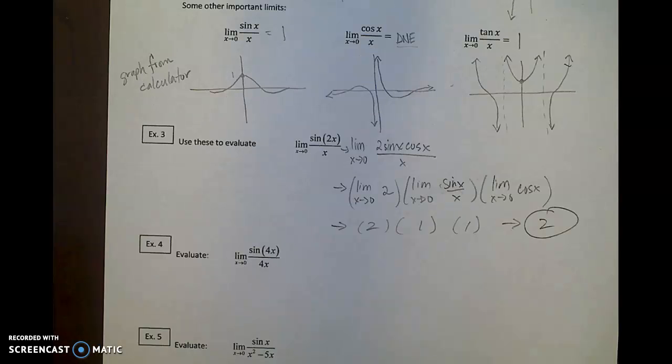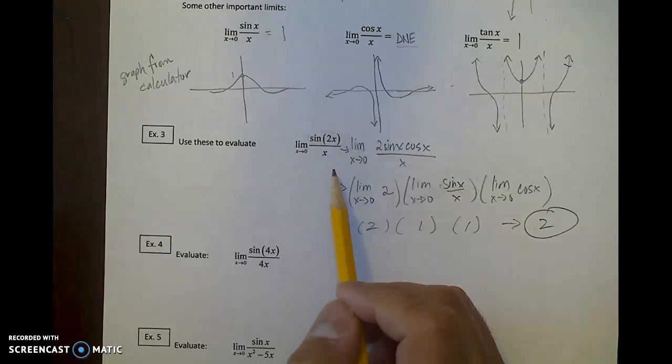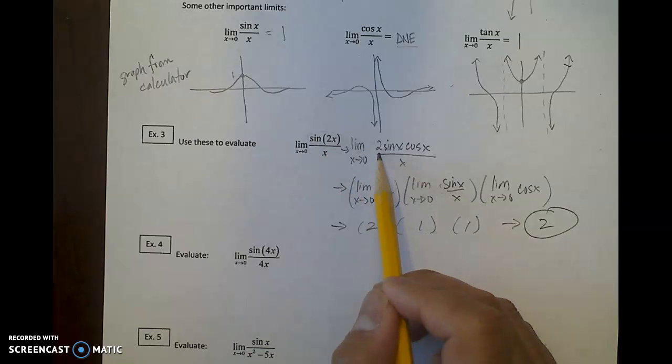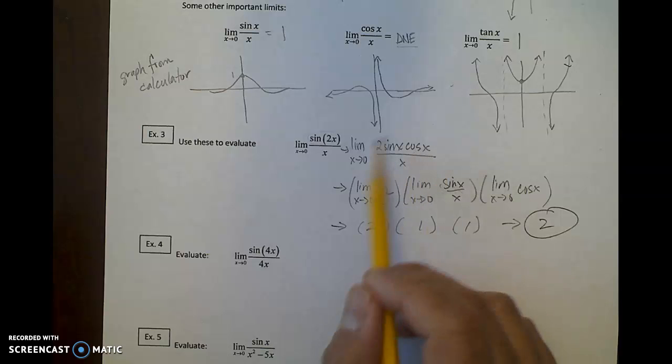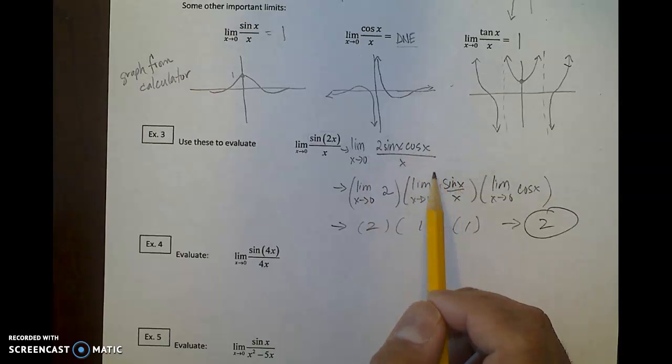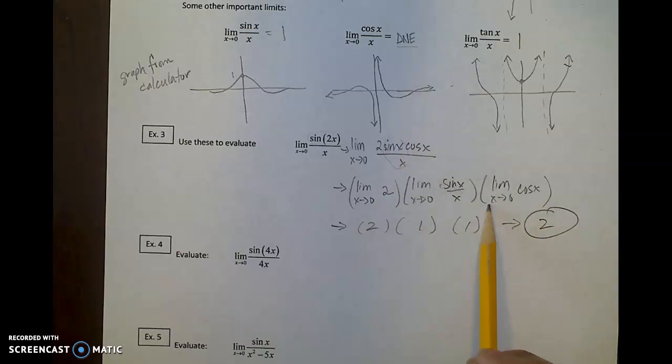Here's where we're going to use some substitution. In the numerator, using an identity from the unit on trig identities, I rewrite sine of 2x as 2 sine x cosine x. Now we're trying to find the limit of this function. Using one of those limit properties, we can break this up as the limit as x approaches 0 of 2, times the limit as x approaches 0 of sine x over x, times the limit as x approaches 0 of cosine x.